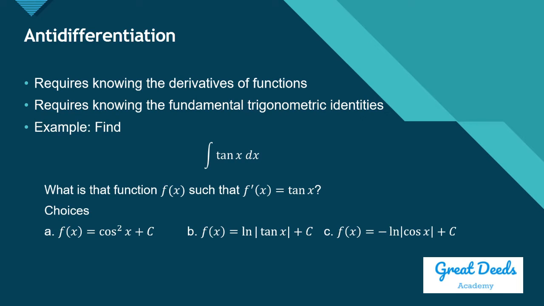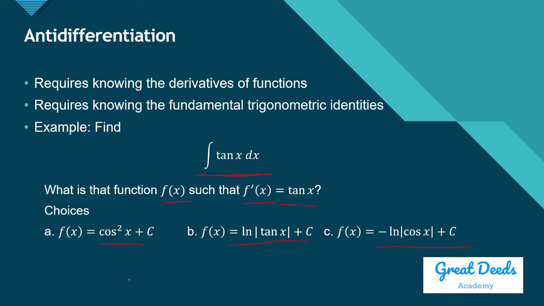I will again demonstrate the idea behind the integral as the antiderivative. Let us find the integral of tangent of x dx. What is that function f of x so that the derivative of that function will give you tangent of x? And that's going to be the value of this. Is it the square of cosine of x plus c? Is it this or is it this?